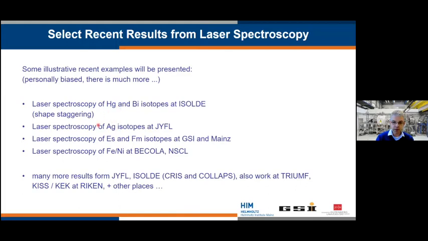I'll show you some nice work on silver isotopes from Jyväskylä, some of my own work on einsteinium and fermium, and if time allows, I'll also show you an example from the NSCL. There are of course many, many more results from various places around the world that I have no time to discuss today.